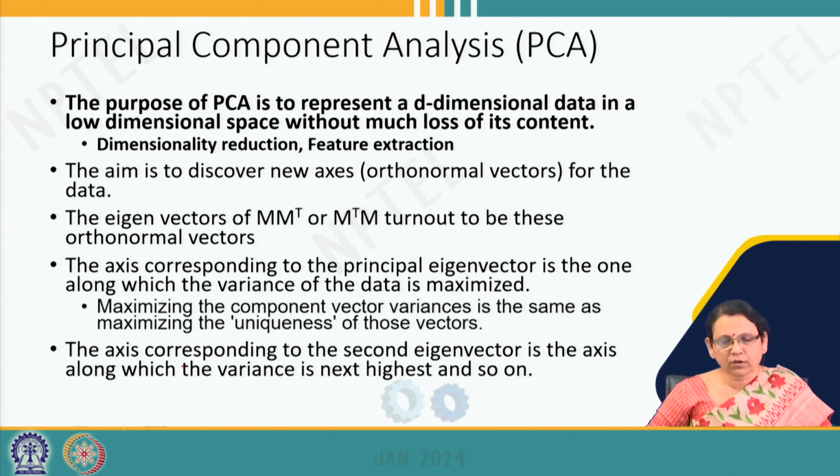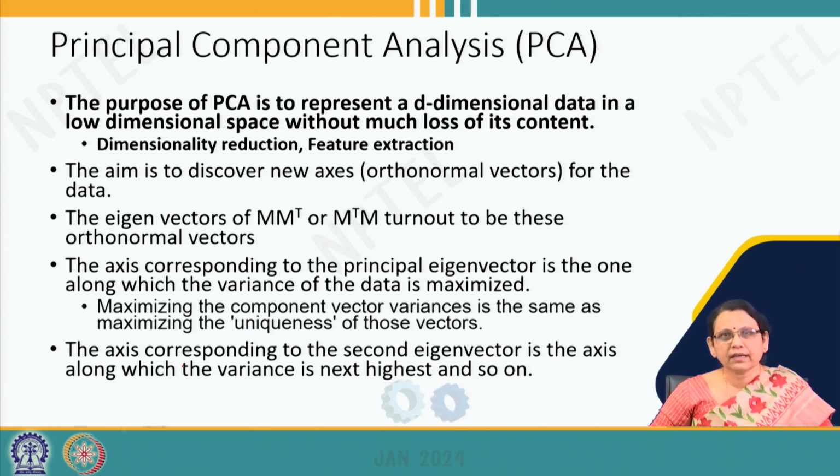The aim is to discover some new axes which are of course orthonormal vectors for this data. These eigenvectors of M M transpose and M transpose M turn out to be these orthonormal vectors, the new axes that we are searching for. What is M?